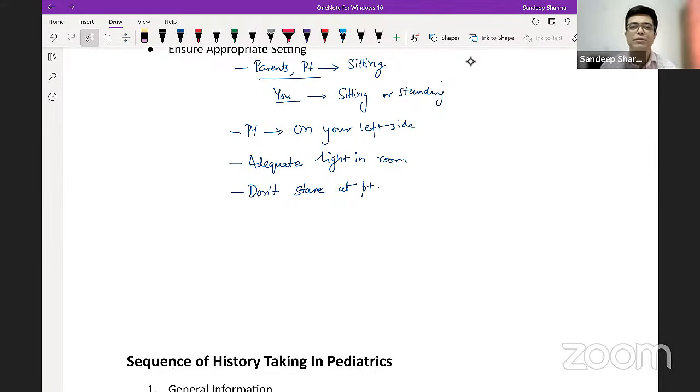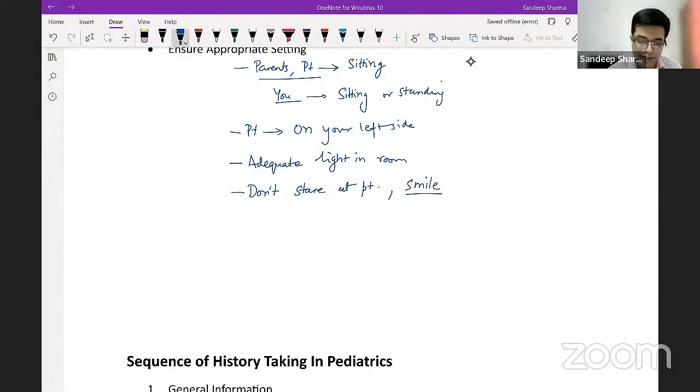I've worked in multiple institutes, and this I'm telling from personal experience. Examiners pay a lot of attention to all these small little things. End mein hame kya karna hai? We want to be a good clinician. We want to get a good history and examination, and we want to pass the exam. For that, these points will play a subtle role. So don't stare at the patient. Make the patient comfortable. Always smile at the patient.